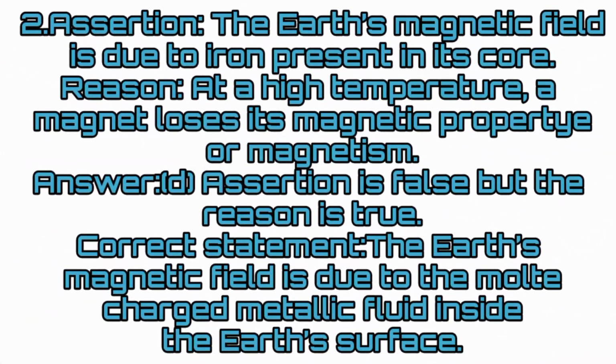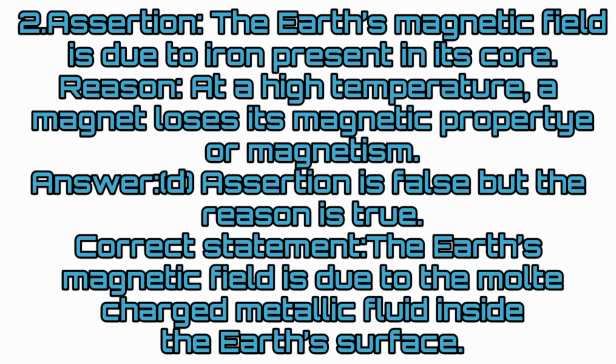Question number 2. Assertion: the Earth's magnetic field is due to iron present in its core. Reason: at a high temperature a magnet loses its magnetic property or magnetism. Here the assertion is false. The reason is true.